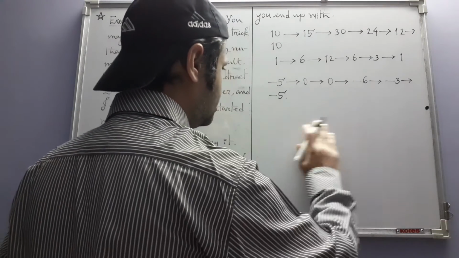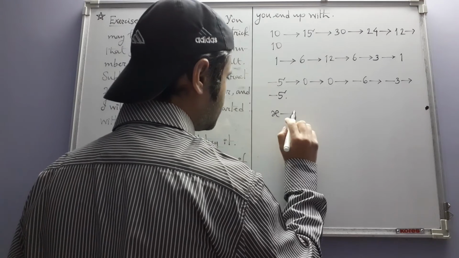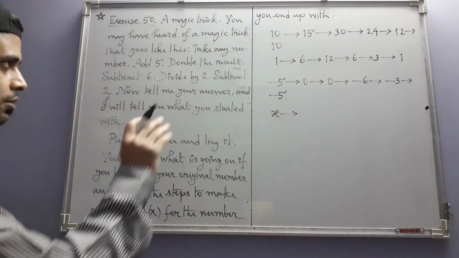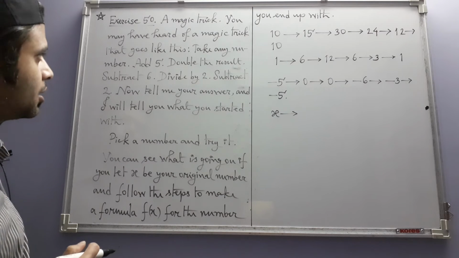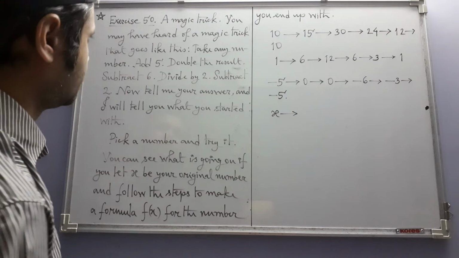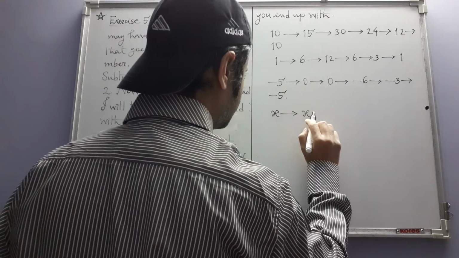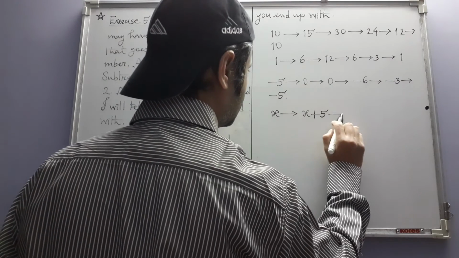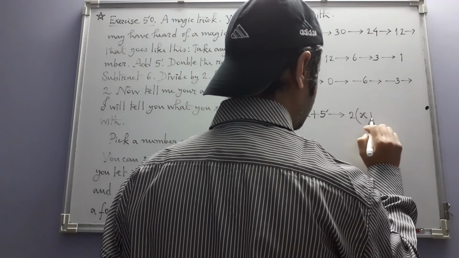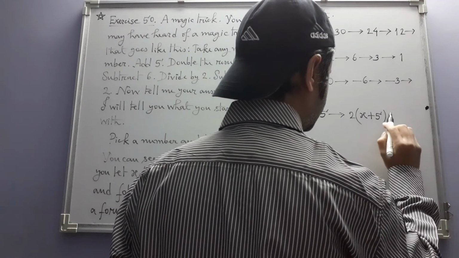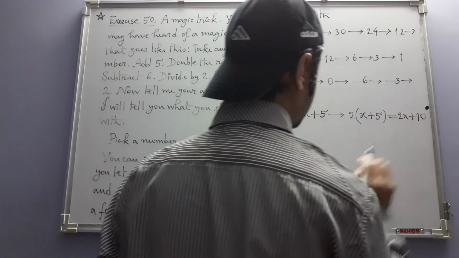Without writing in detail all the things, we pretty much understand what we are doing. So let us follow the steps given for a general number x, which is any real number actually. So we first add 5, then double the result, and let's simplify it also: 2x plus 10.